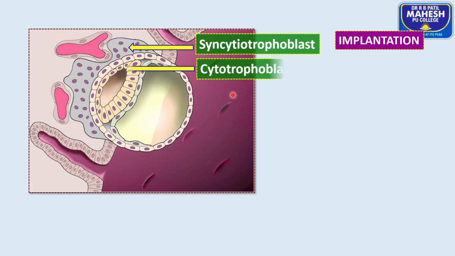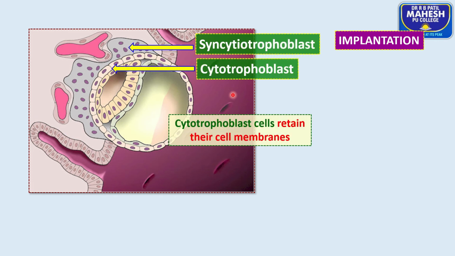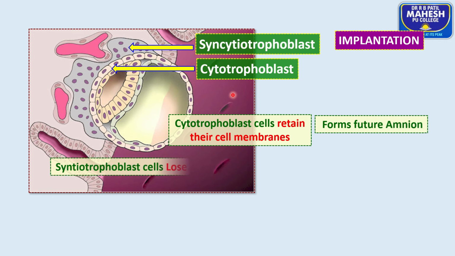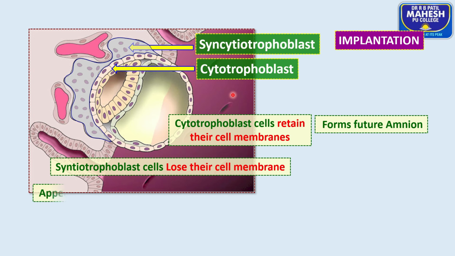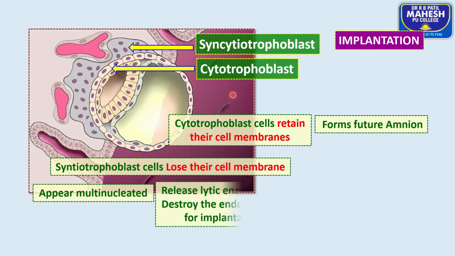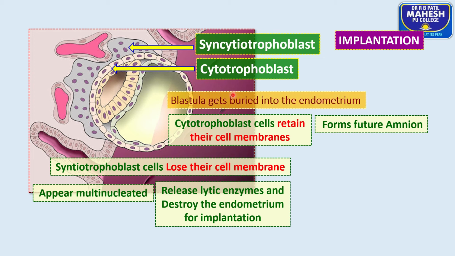So what is the function? Cytotrophoblast cells retain their cell membrane and form the future amnion, whereas syncytiotrophoblast cells lose their cell membrane and appear multinucleated and release lytic enzymes that destroy the endometrium for implantation.